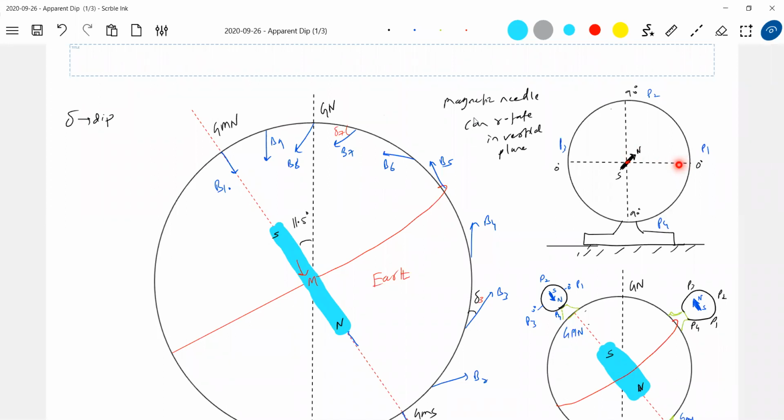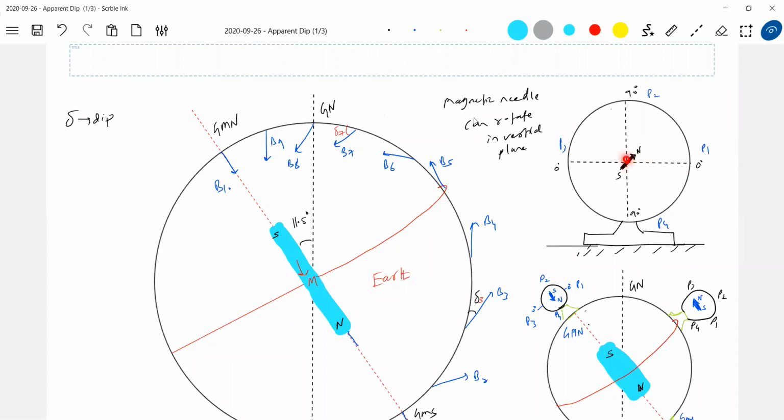Then the magnetic and geometric axes of the needle are different, meaning the line joining the north and south pole and the center of mass may not lie at the same point. The center of mass of the needle does not coincide with the pivot. The center of mass should be exactly at the pivot, at the origin, so it may not happen.